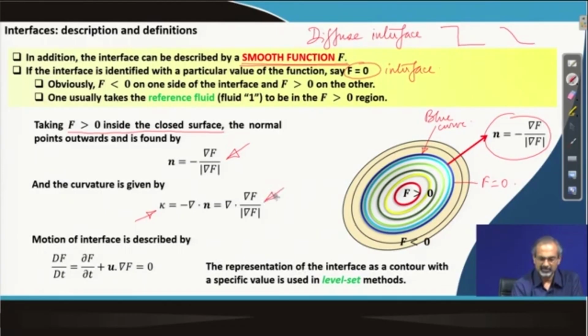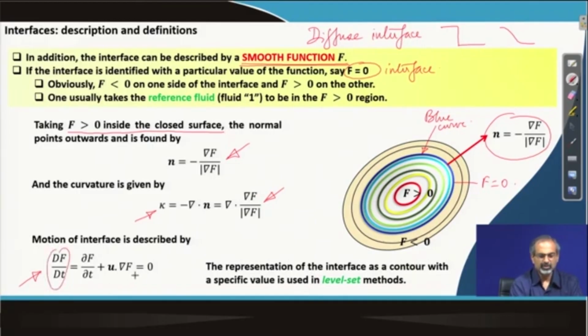So, it is expressed like this, and the motion of the interface is then described by the material derivative of f. What it means is that f, as it moves through the fluid domain, would carry along with it the information about f. That means, the fluid particle, no matter where it moves in the flow field, does not lose the value of f that it is carrying along with it, and that is what is called the material derivative.